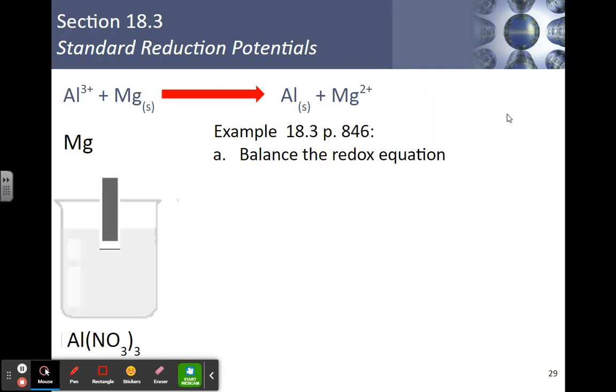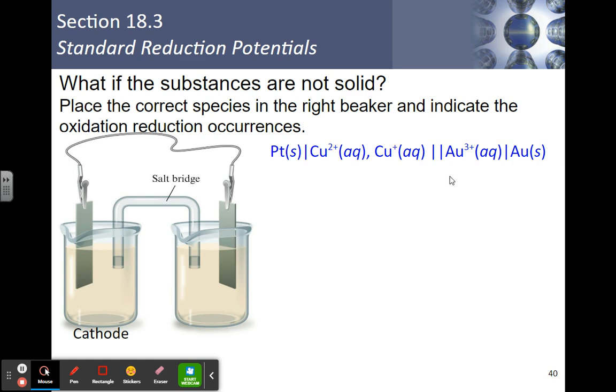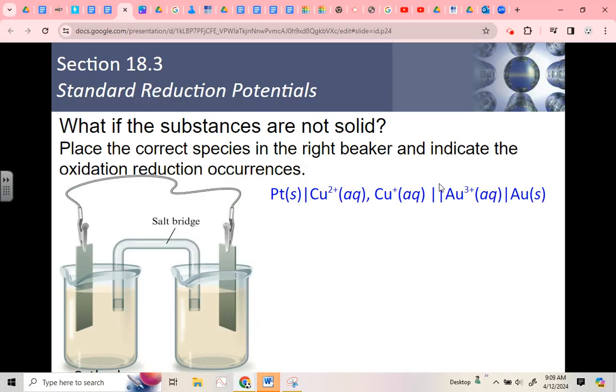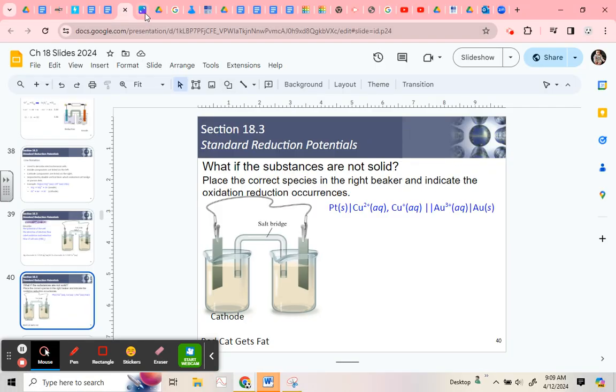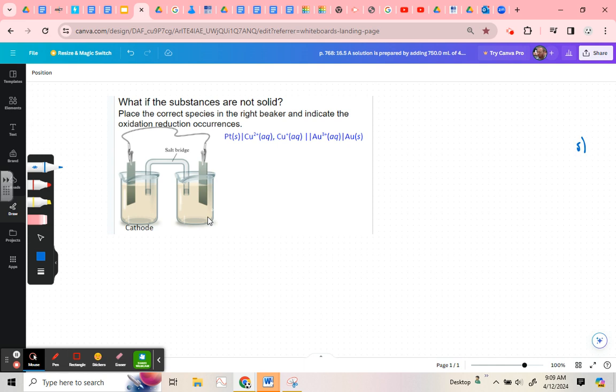So how do we know what's going to happen? We know that the gold is going to get reduced and the copper is going to get oxidized. Okay, so what's happening is now, for the first time, they're going to put a cathode on this side, which is fine. So we know that this is where the reduction occurs.